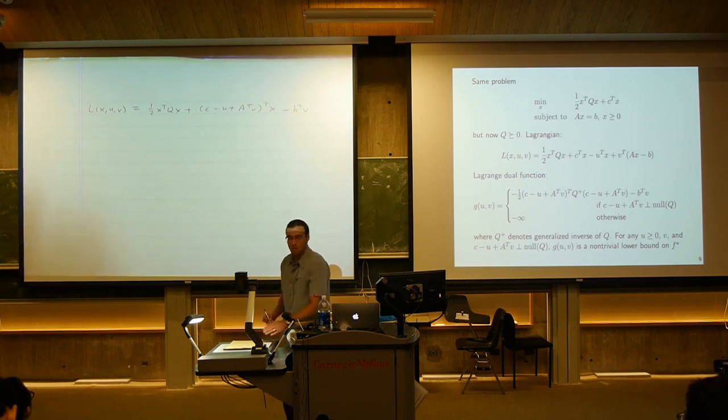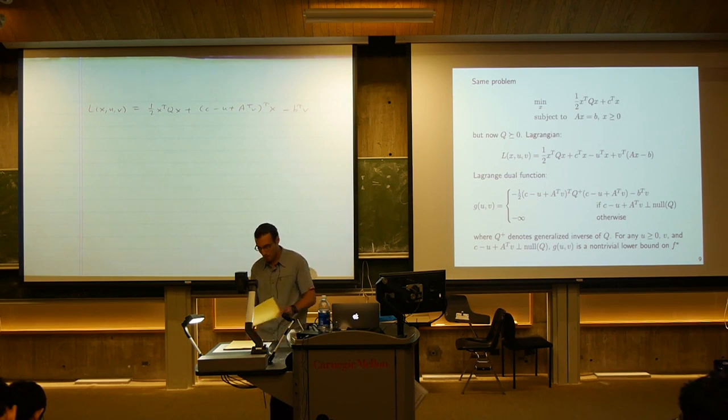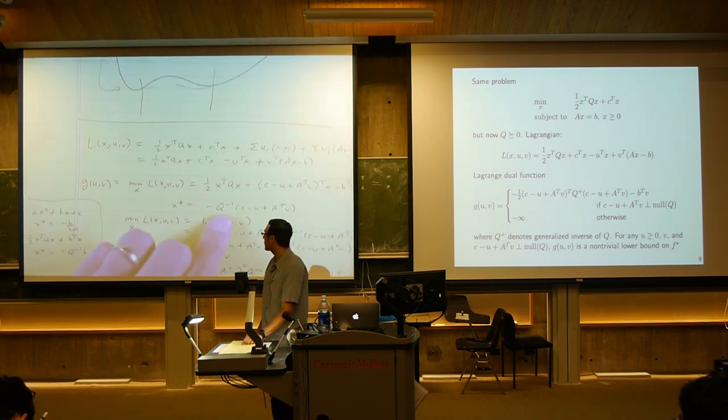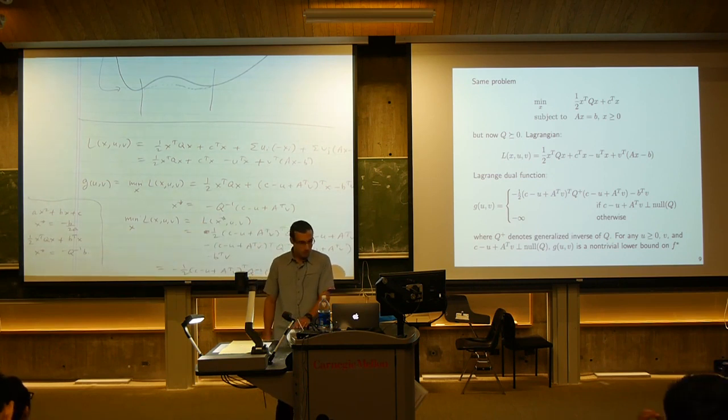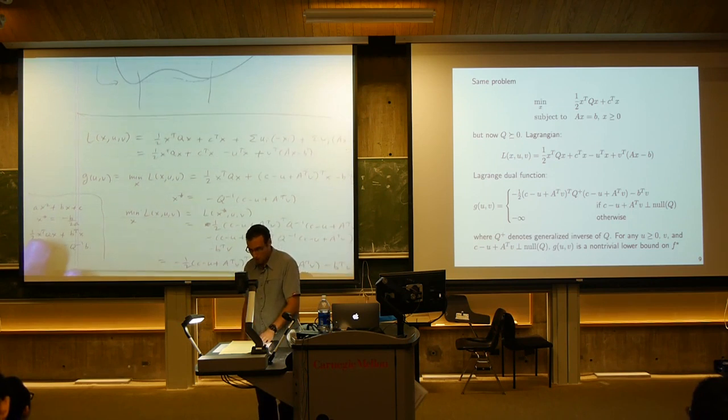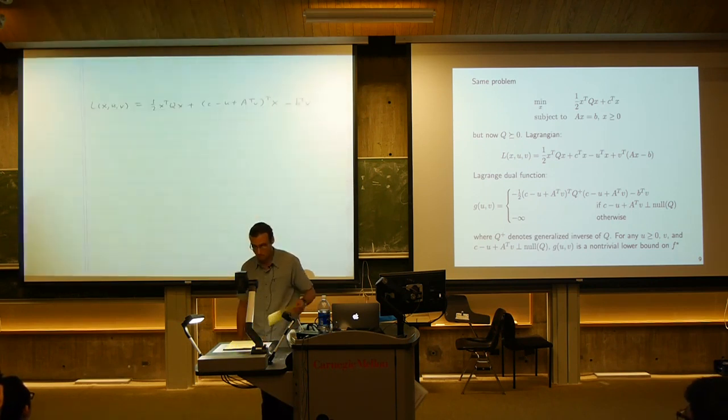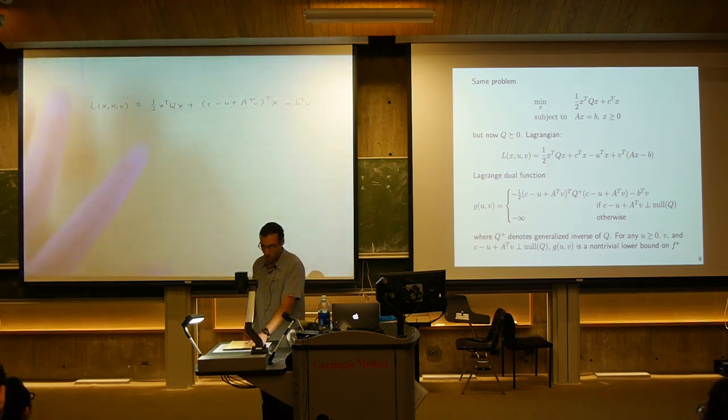Now we want to minimize this over all x. What goes wrong is that Q inverse doesn't necessarily exist anymore. Q need not have an inverse; it's just positive semi-definite. So what happens if you try to minimize a quadratic that doesn't necessarily have an inverse?